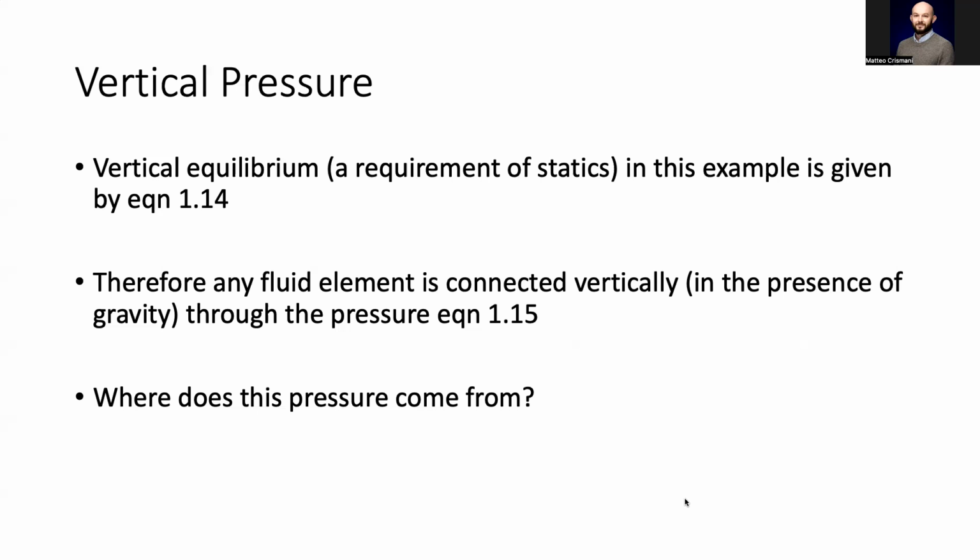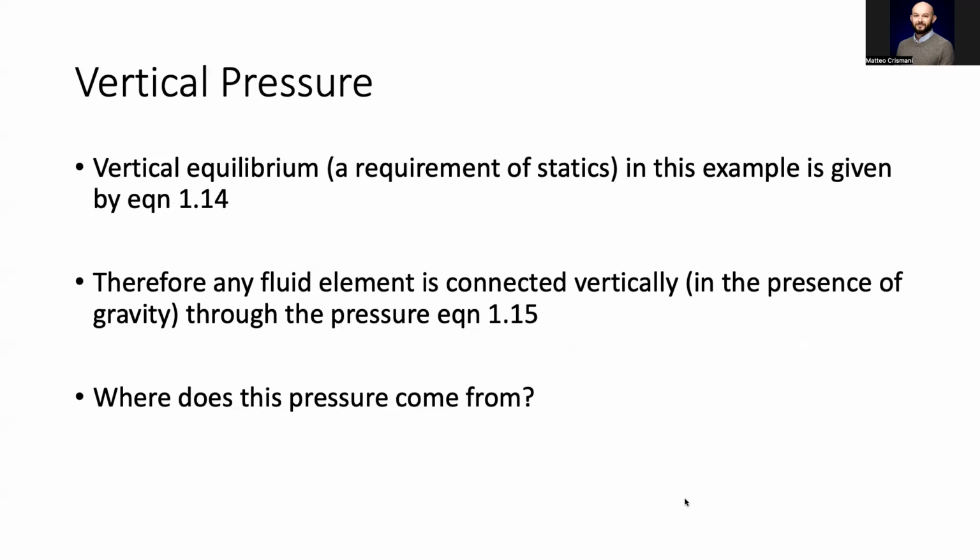So now the P's are going to cancel. You already see that. That's clear. So let's reorganize this a little bit. So I have minus dP minus rho g dz equals 0. And I can simplify that even further.